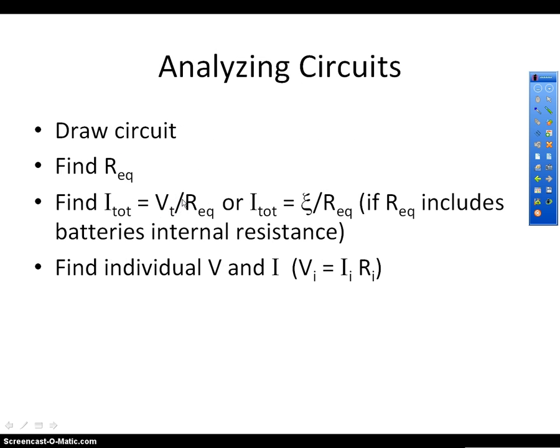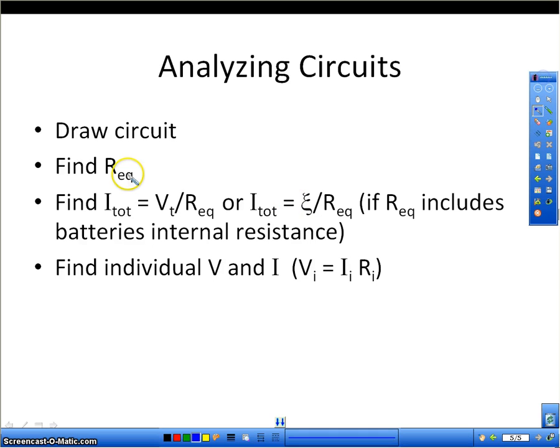All right. So just to remind you how to analyze circuits, the first thing, of course, you need to do is draw the circuit out. You want to find the equivalent resistance of the entire circuit, so you're going to need to do the parallel parts first, and then add all the series up. Then you're going to want to find the total current coming out of the battery, which is going to be the total voltage divided by the total resistance. And I didn't say this on the previous slide, but this EQ means equivalent resistance.